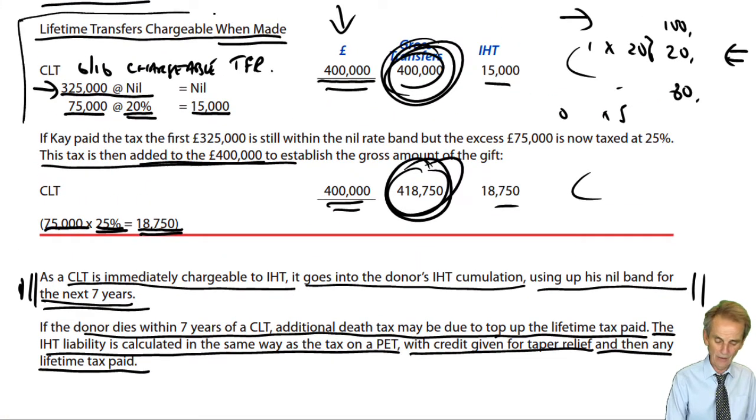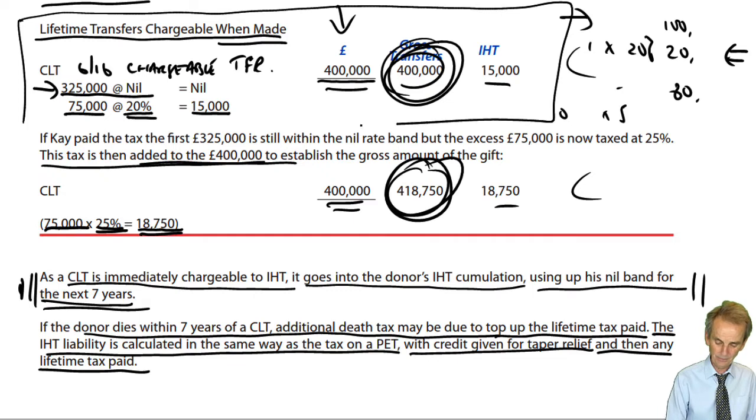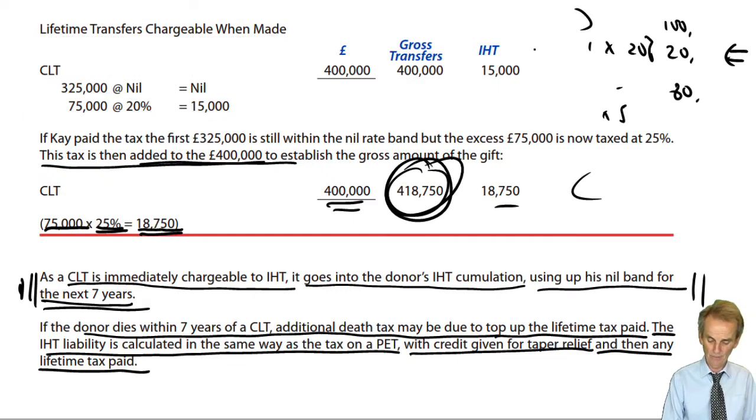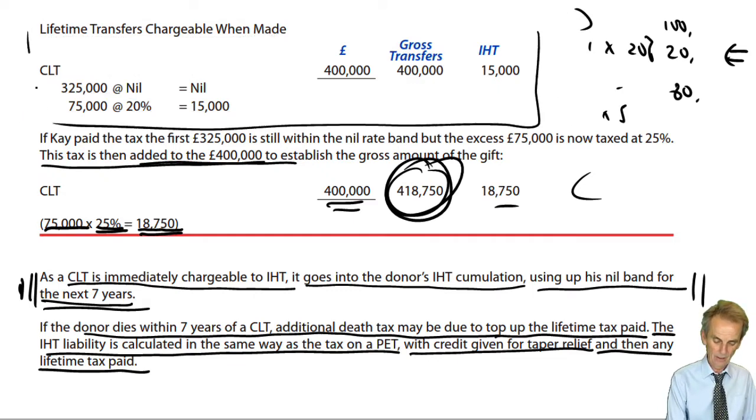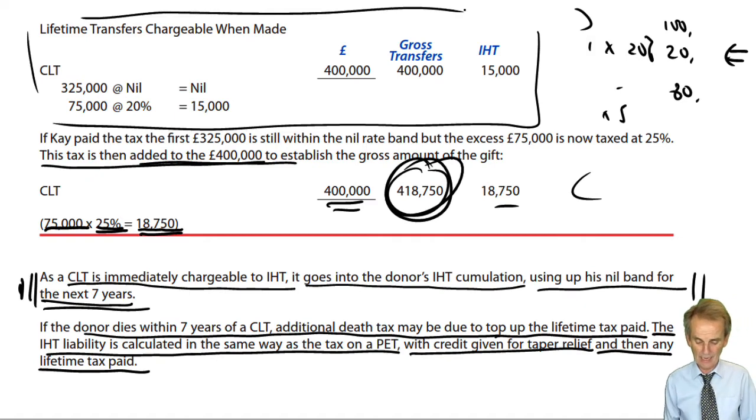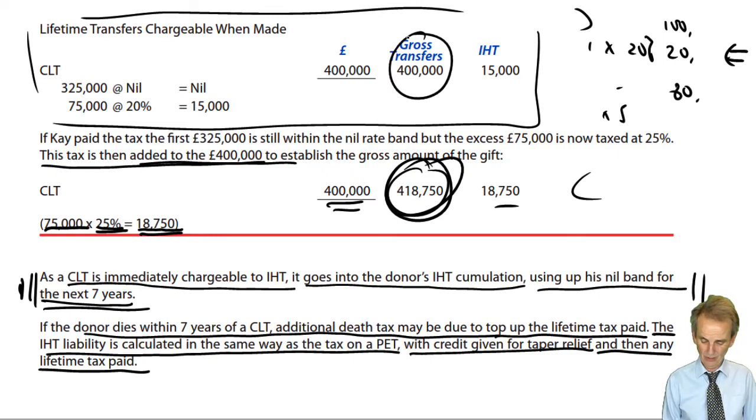You'd already have done this computation, lifetime transfers chargeable when made, and you'd have established that the gross amount of the transfer was 400,000 and the amount of IHT paid in lifetime was 15. Both numbers that we need to know.